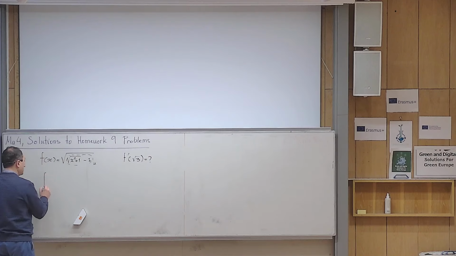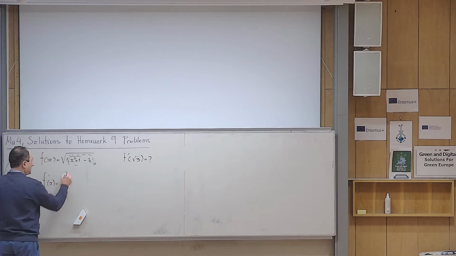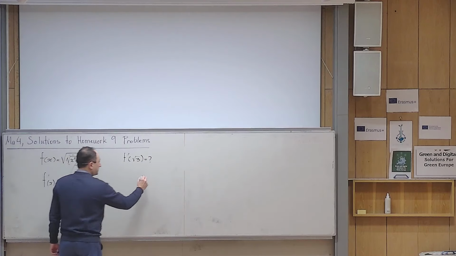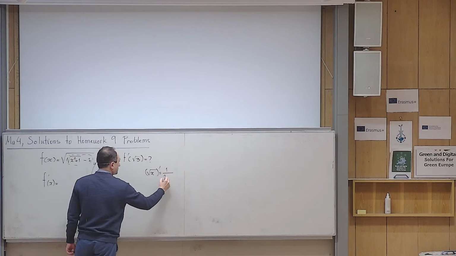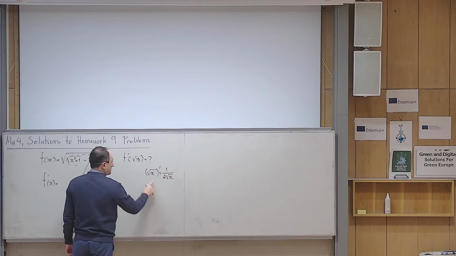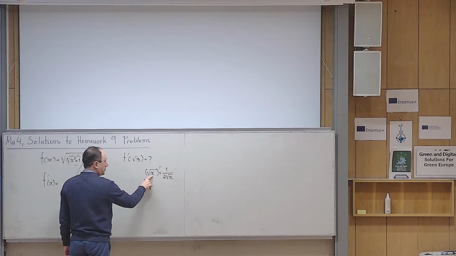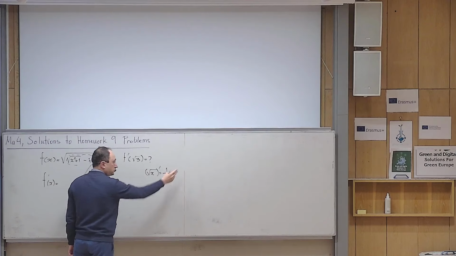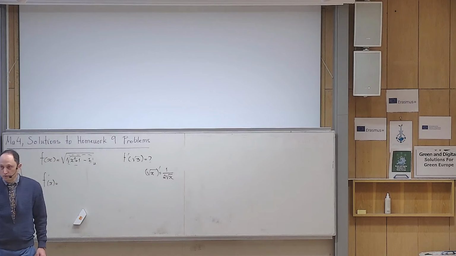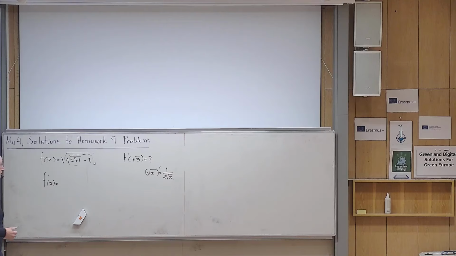So if I want to differentiate it, it becomes, because the derivative of the square root of x, hopefully you know, is 1 over 2 square root of x. Now instead of x, I have u, which is a function of x. It follows the same rule, 1 over 2 square root of u, but you have to multiply by an extra u prime. And then this process will continue.